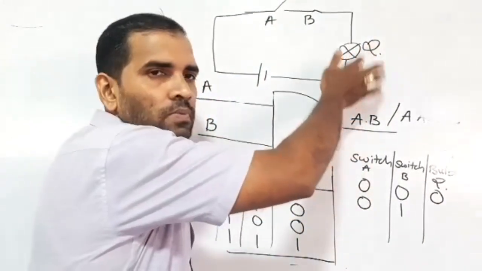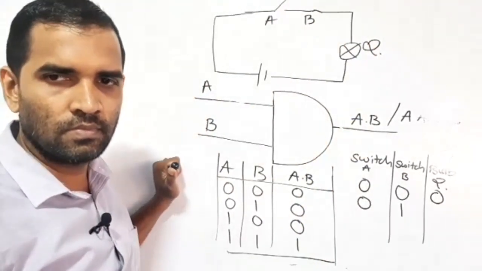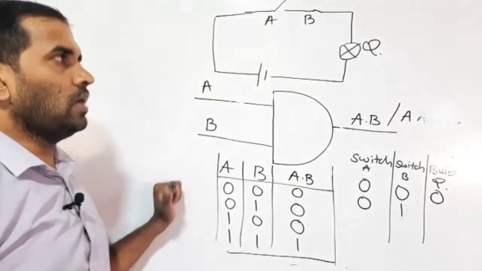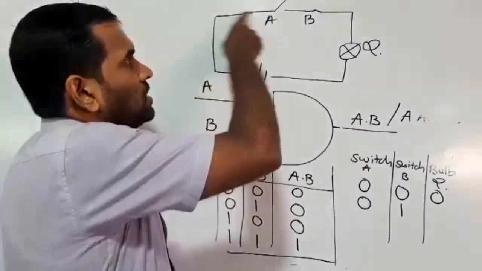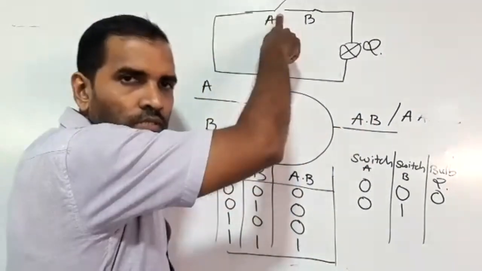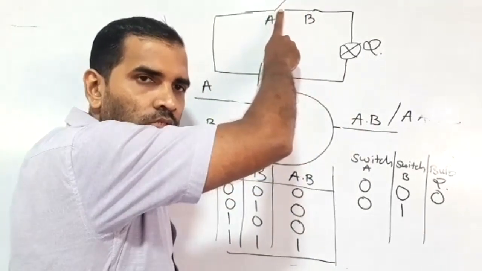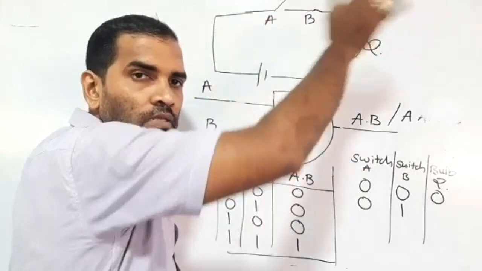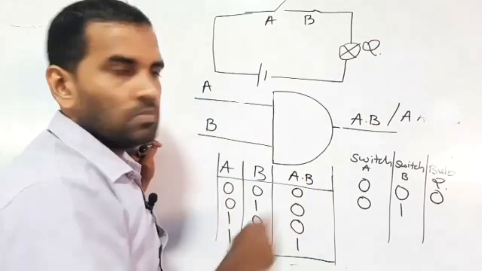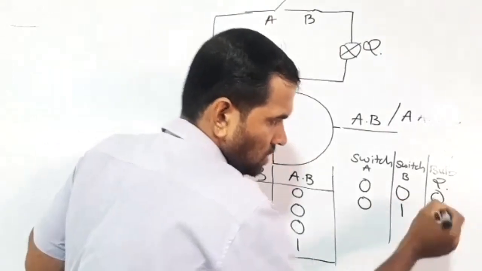Now tell me the status of the bulb. Will it work now? No, it's 0. Now also it doesn't work because electricity comes here, but switch A is off. Even though switch B is on, electricity never goes through, so the bulb doesn't work. This is 0.